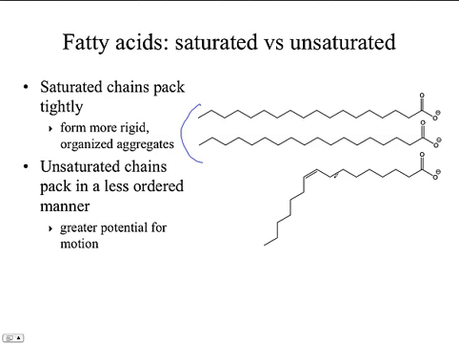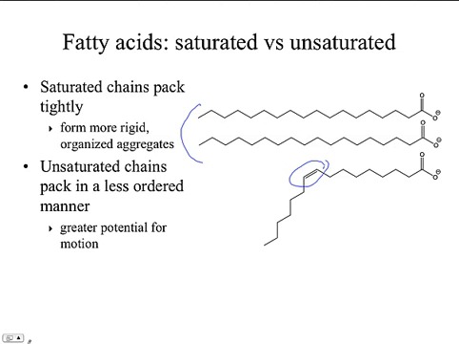However, if you throw in an unsaturated fatty acid, it doesn't pack very well because the cis double bond prevents that close packing. Whereas saturated fats can form these kind of nice rigid structures, unsaturated fats tend to have a lot of degrees of freedom because of the kink in the alkyl groups of the fatty acid chain.